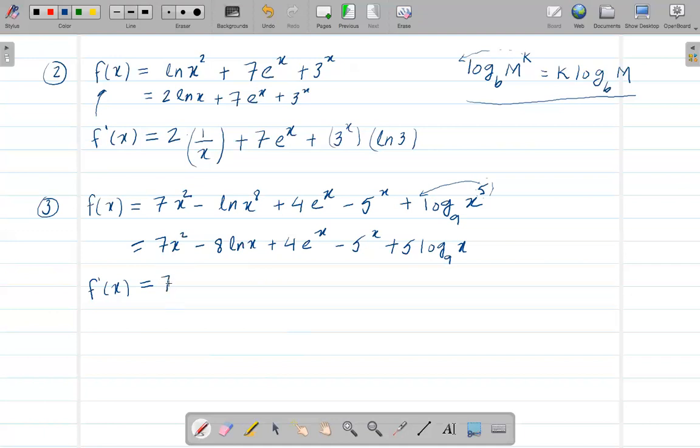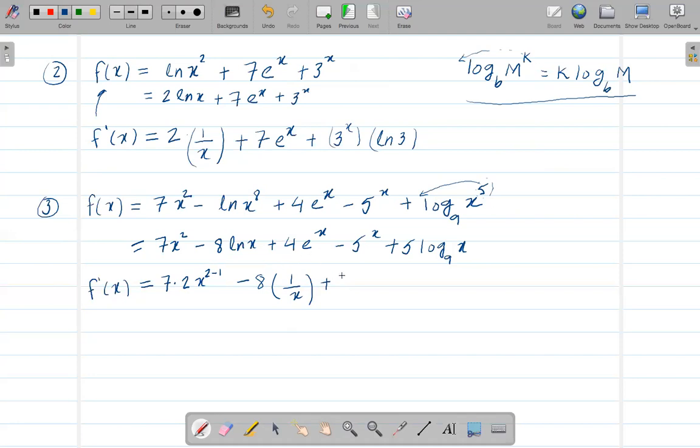So this will be 7 times 2 times x to the power, now we're going to have a new power, which will be 2 minus 1, right? Minus 8 times the derivative of natural log of x, which will be 1 over x, right?